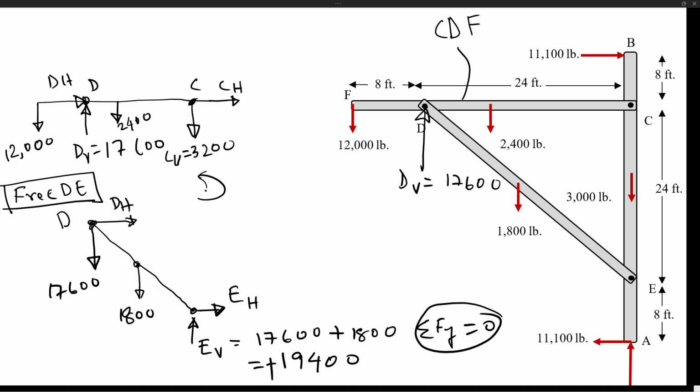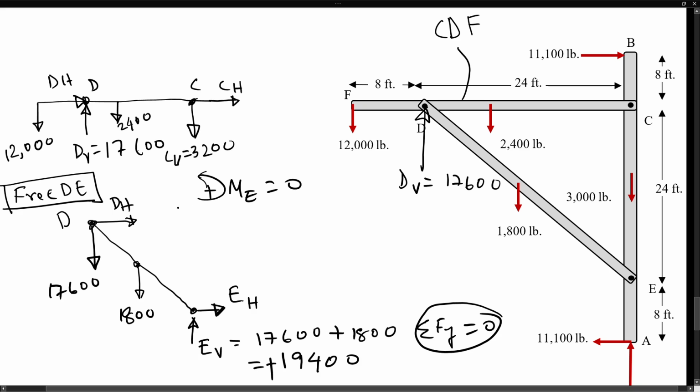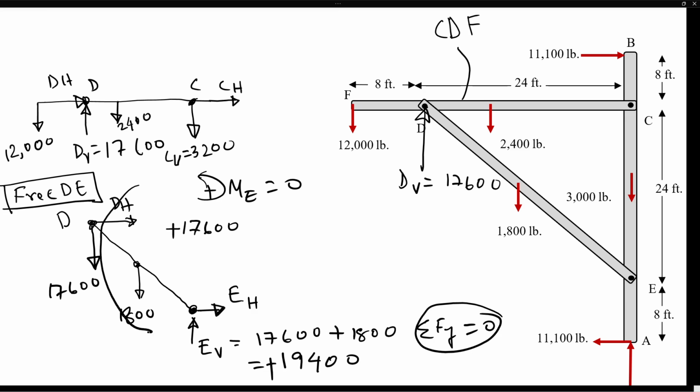So summation of all moments counterclockwise equals 0. If you take moment with respect to point E, that 17,600 will cause a positive moment with respect to E. It's going to do a counterclockwise moment, and it is 24 foot away from E. And then also that 1,800 will do the same counterclockwise moment.